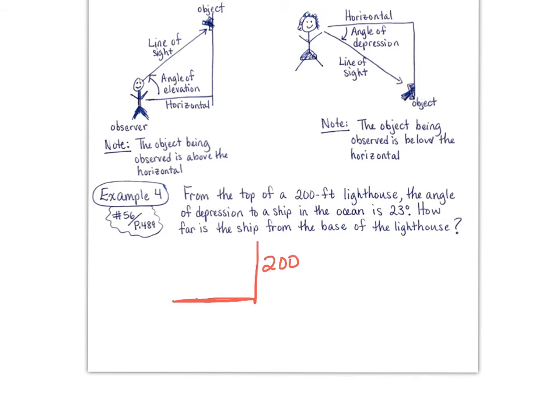And then your hypotenuse is your line of sight. The angle of depression from the top is 23 degrees. Where your horizontal and object axis meet is a 90-degree angle. And then you would solve for the other angle.